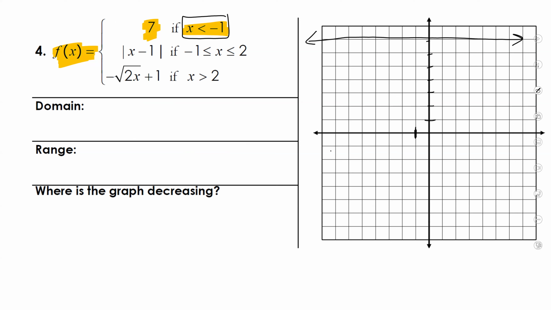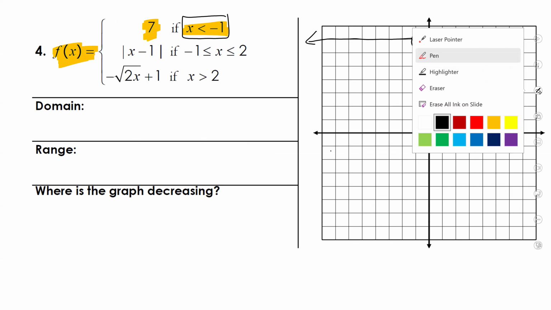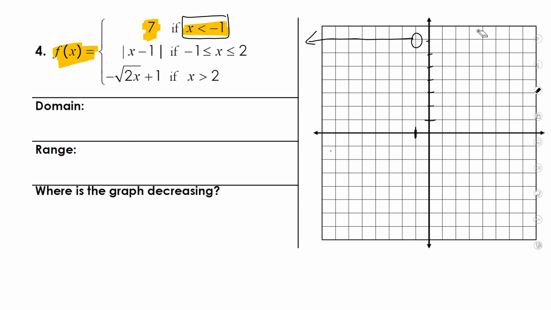I'm going to cut off my line here. So my line is only going to come up to -1. I'm not going to continue it all the way this way. I'm only going to draw my line up until -1. Guys, why did I do an open circle at the -1? Exactly, there's no equal to sign. Okay, so that is my first function.